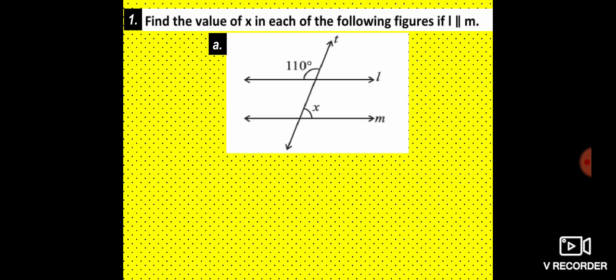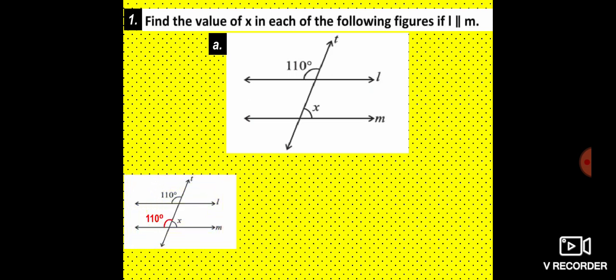You look at this figure. 110 degree and this angle are corresponding angles. Therefore, this angle is also 110 degree.